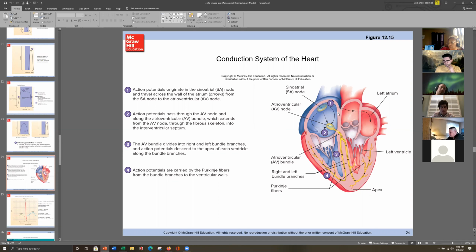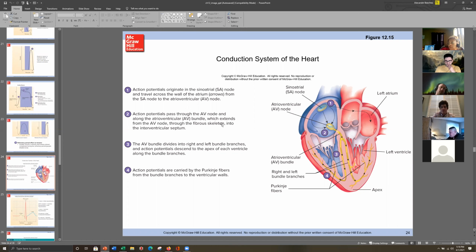The sinoatrial node has a few different nerve fibers that can attach to the atrioventricular node. We also have some nerve fibers that extend back and attach to the left atrium as well. So action potentials pass through the atrioventricular node and then along the atrioventricular bundle, which is just here, running right along the middle of the heart via the cardiac septum.